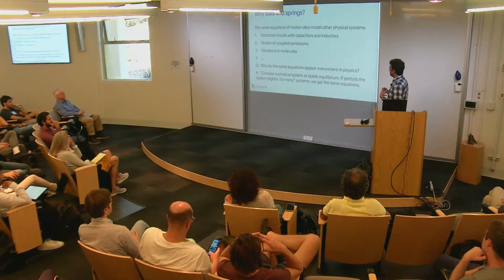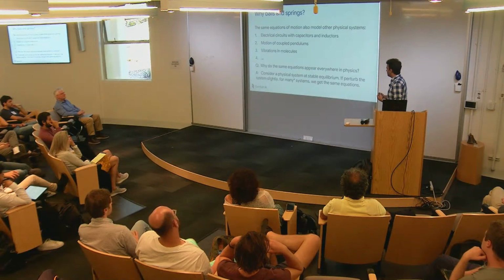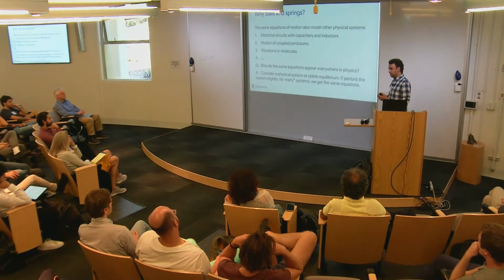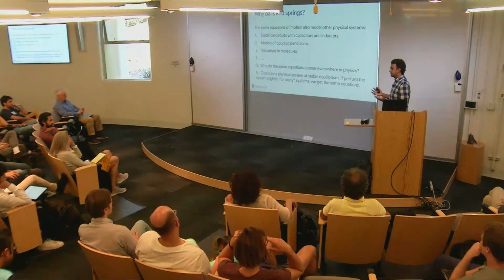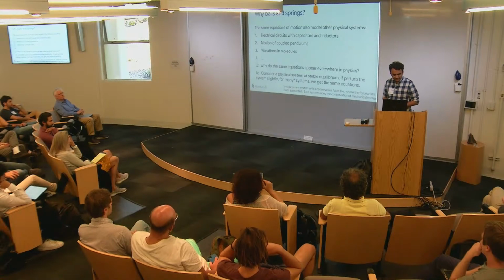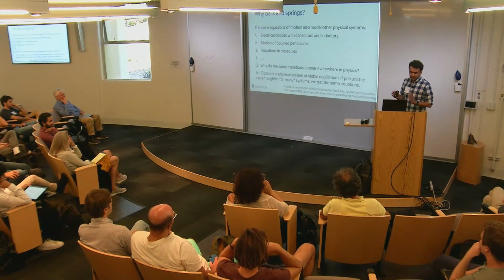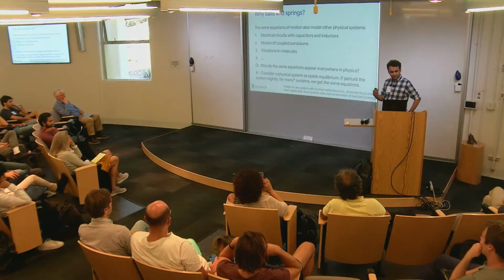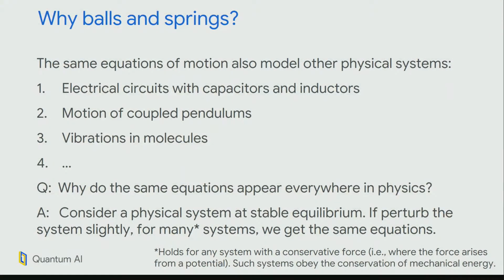It turns out that if you analyze a physical system at stable equilibrium, where the force is what's called a conservative force, that means the force arises from a potential, so the force is the gradient of potential energy. If the system is in stable equilibrium, so everything at rest with velocity 0 will just tend to stay there, then if you poke something, it wants to come back, which reminds you of a spring. If you poke a ball connected to a spring, it tries to come back.